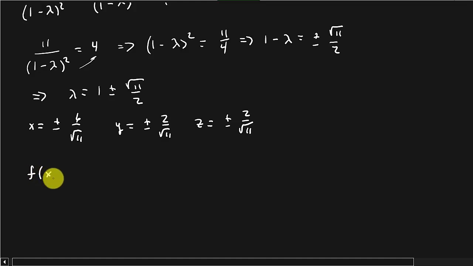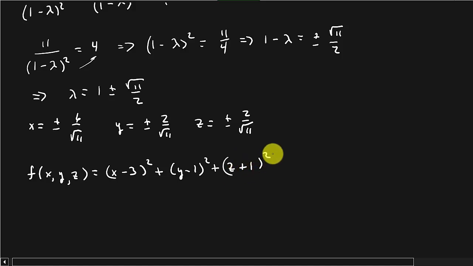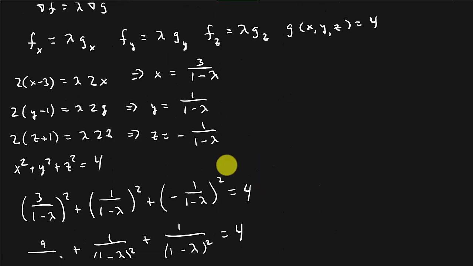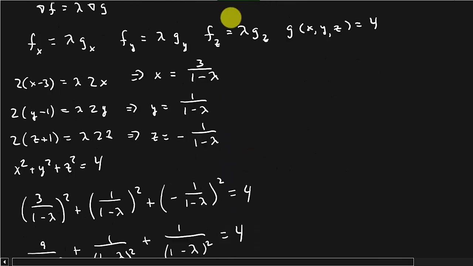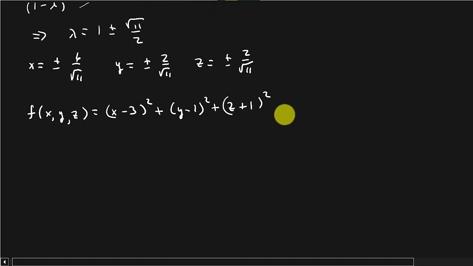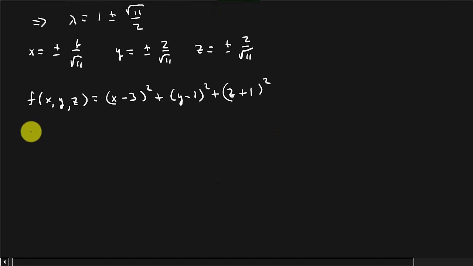So let's look at this. We've got f of x, y, z is equal to (x minus 3) squared plus (y minus 1) squared plus (z plus 1) squared. All I did is write my function down. And what do I have here?